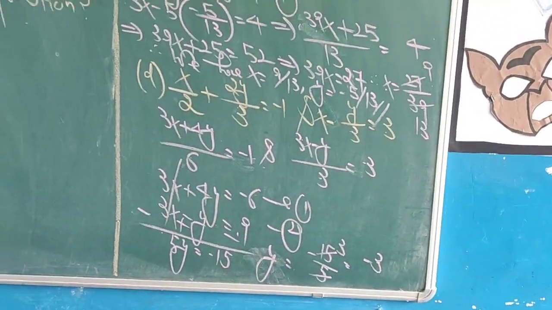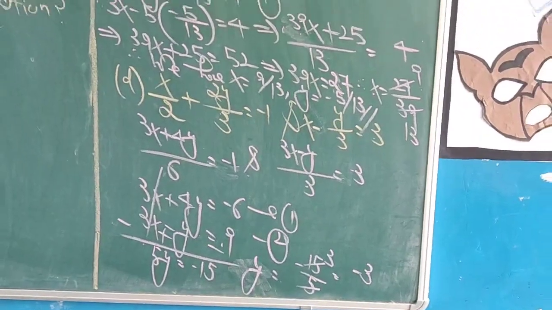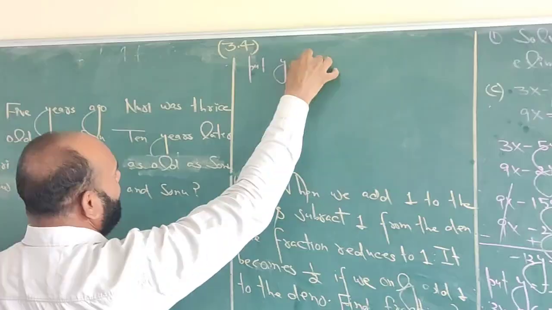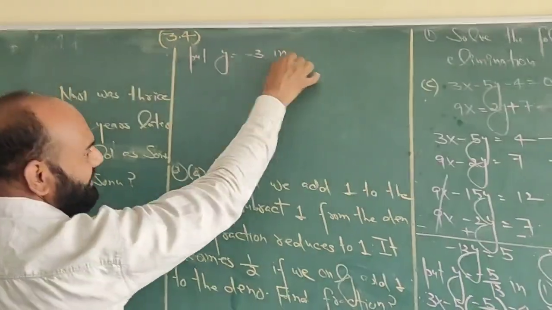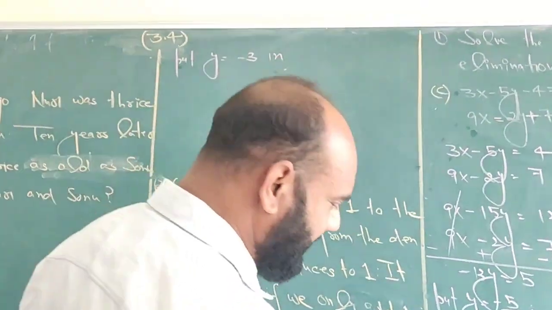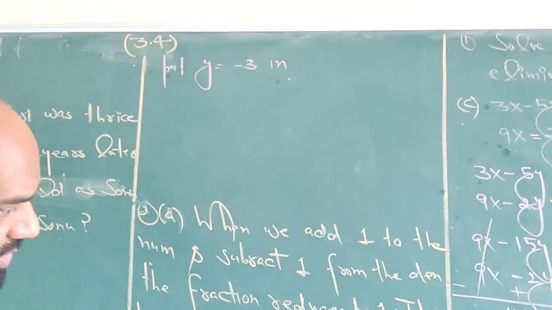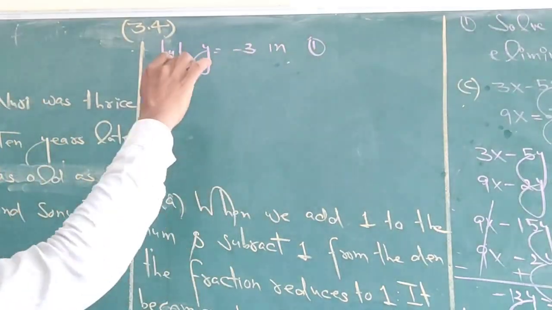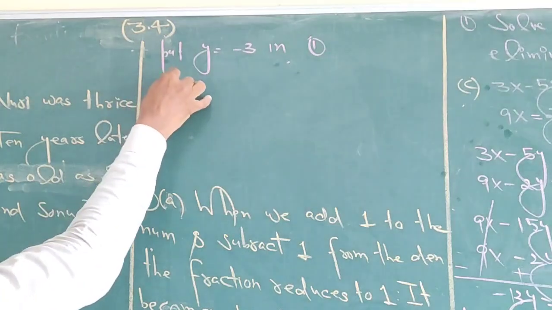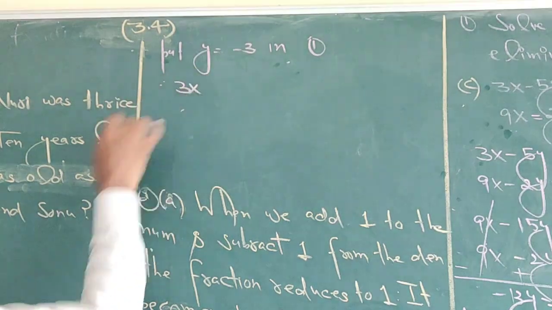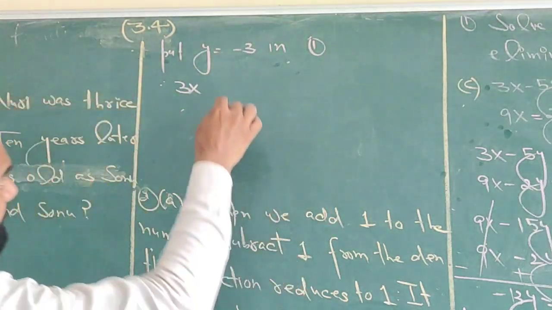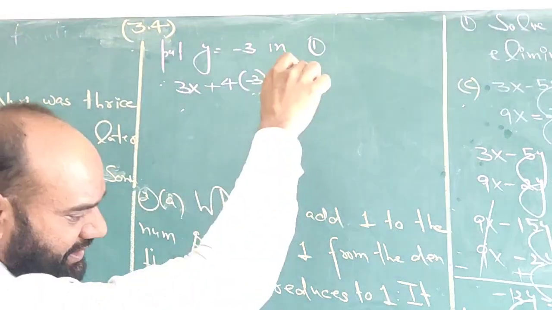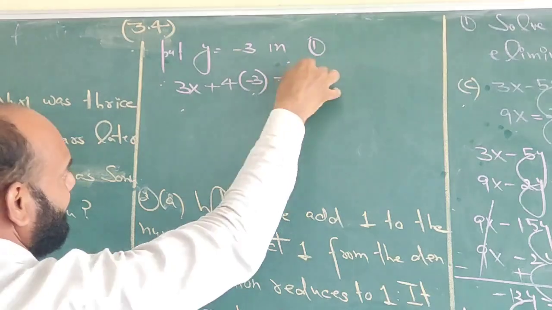Now put y equal to minus 3 in any one of these two equations. Put y equal to minus 3 in equation number first. Therefore we have 3 times x plus 4 times y, and 4 times y is minus 12, equal to minus 6.